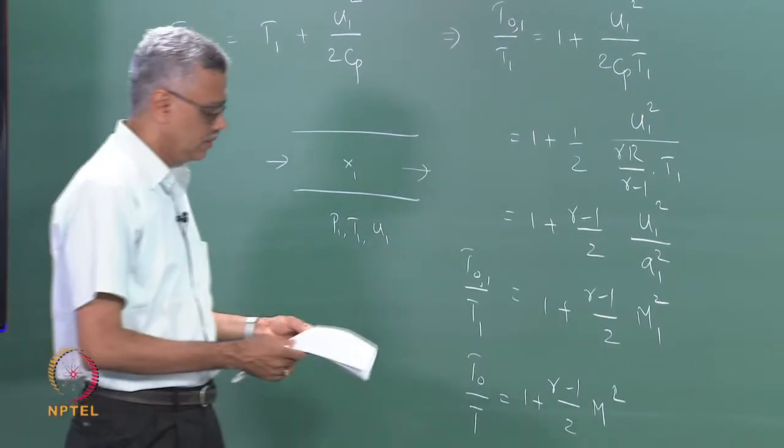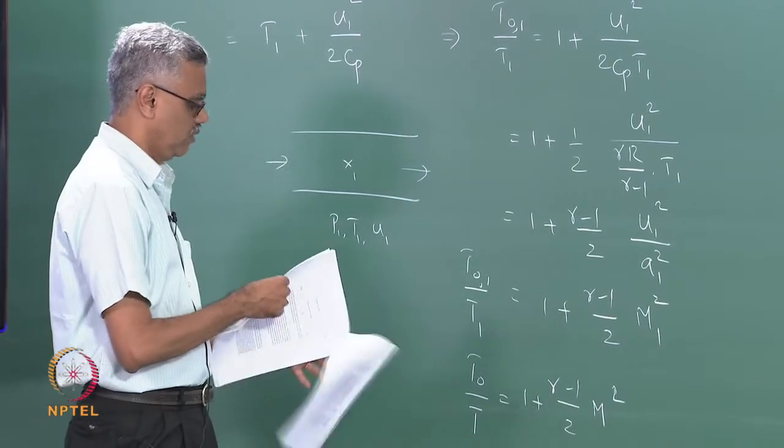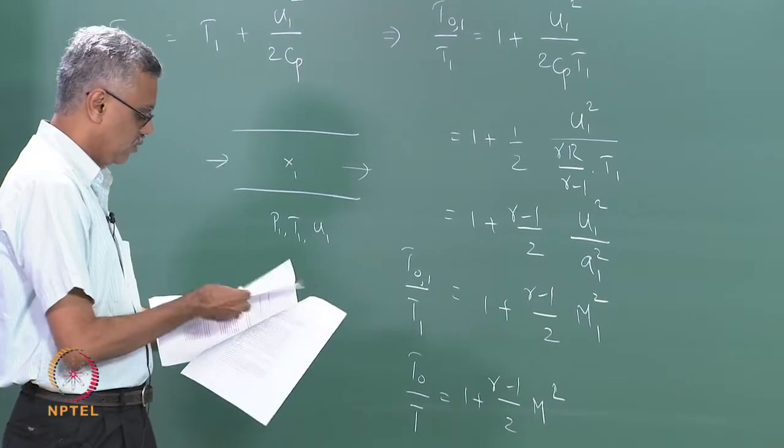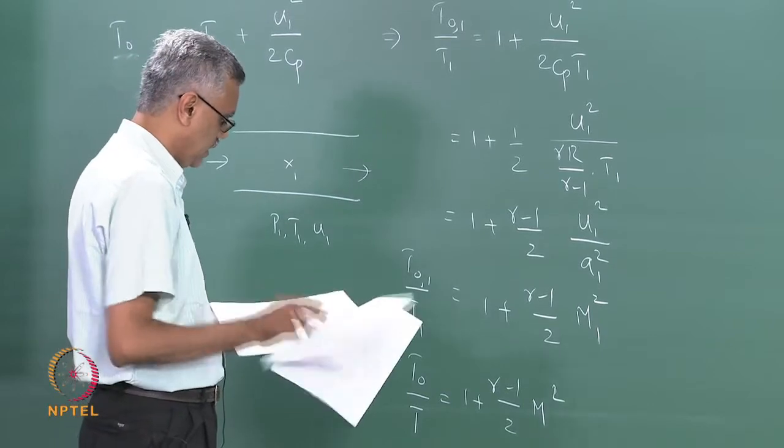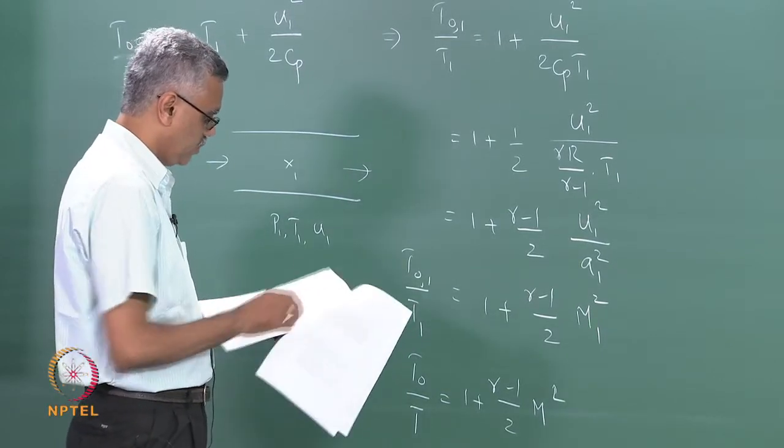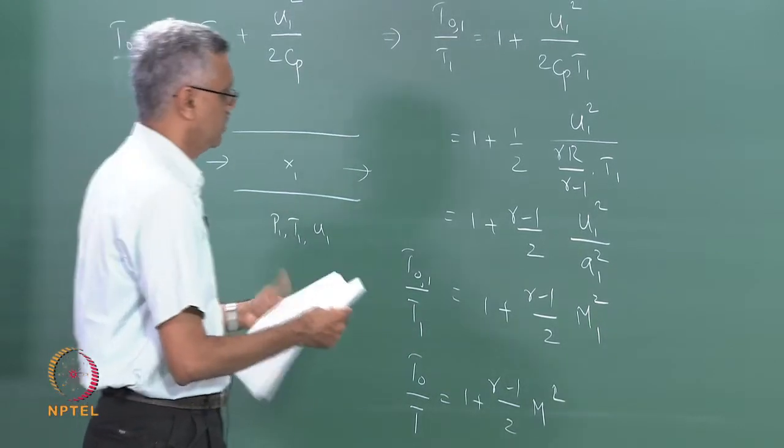Now, when we wrote down the expression for entropy change, we wrote the following expression. Let us take a look at that, and we will derive the expression for stagnation pressure based on this.